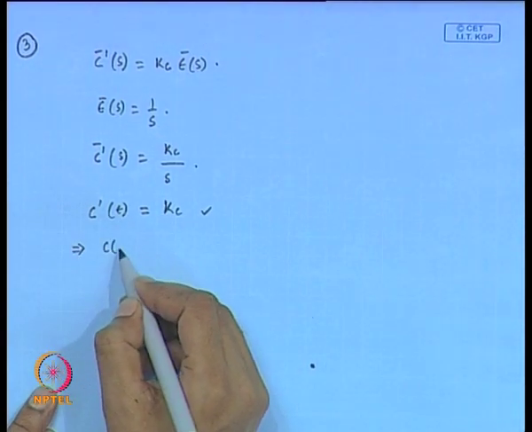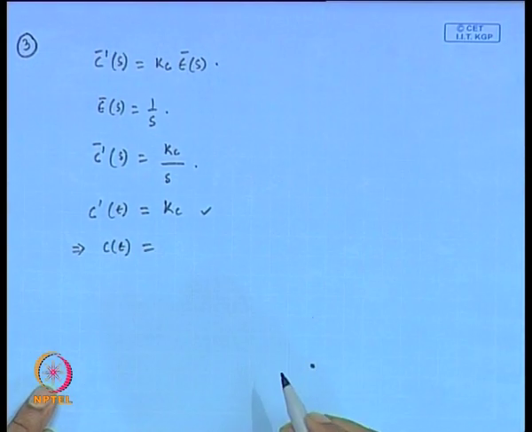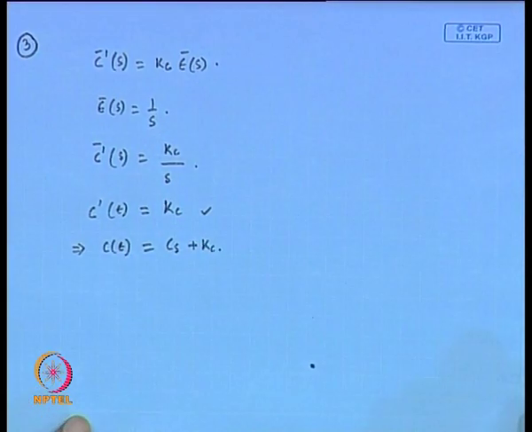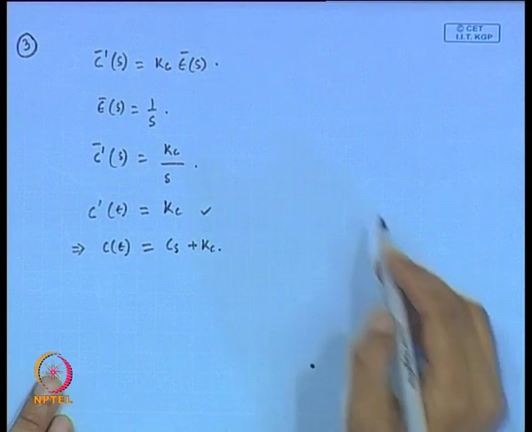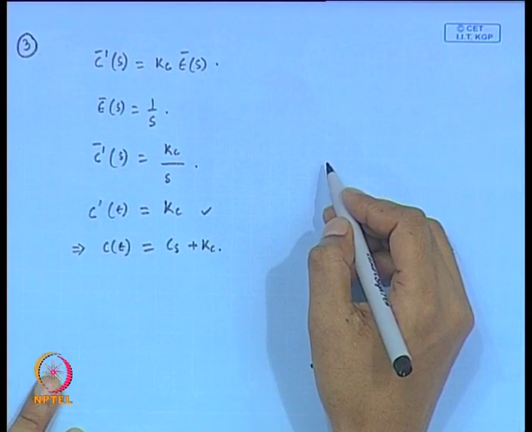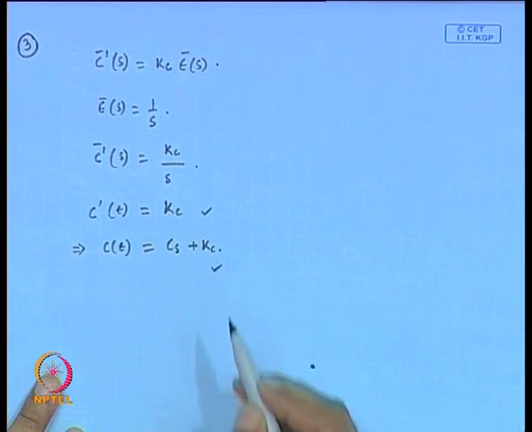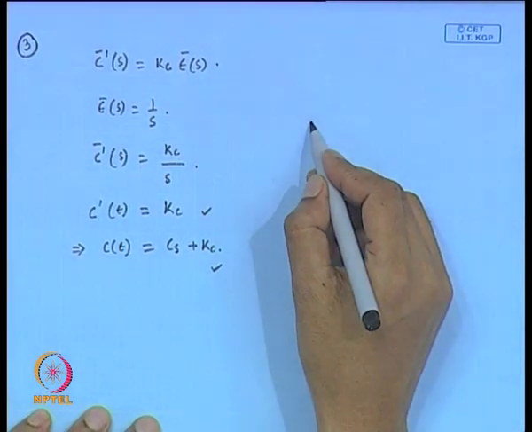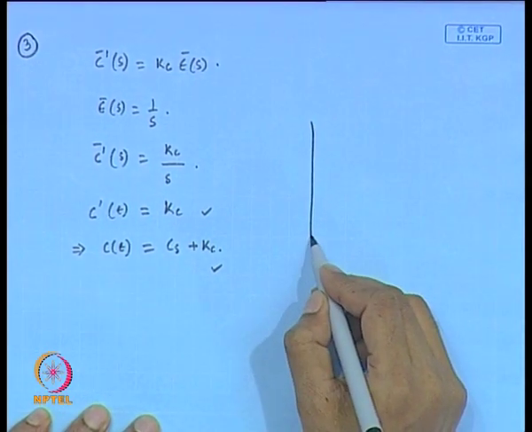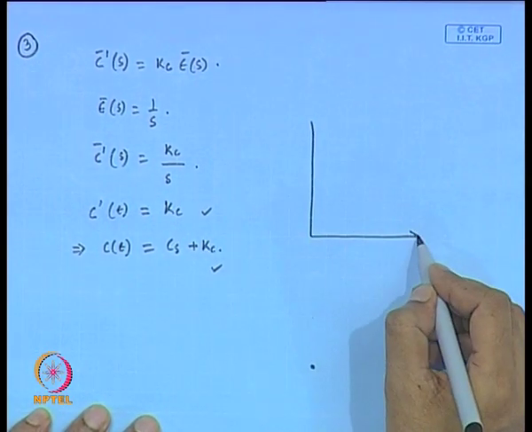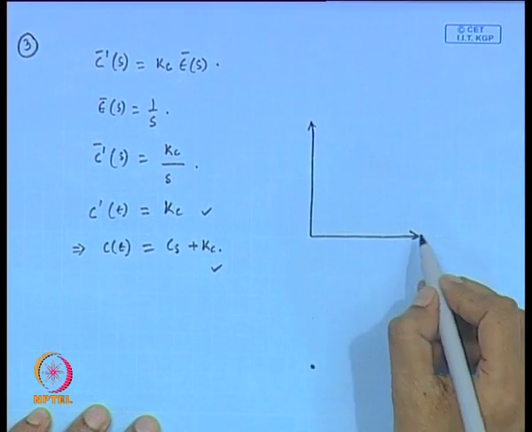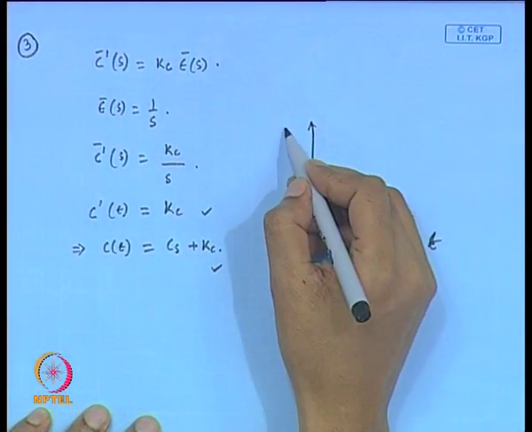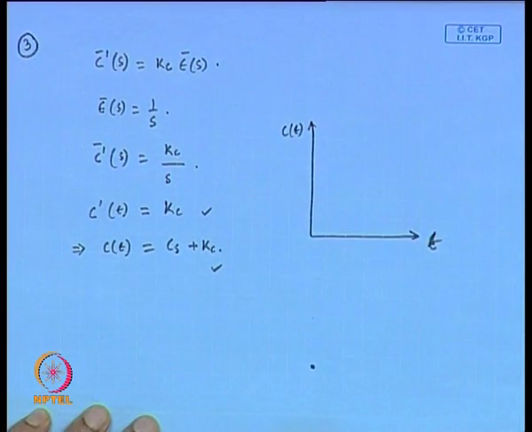That means C(t) is equal to Cs plus Kc. Finally, we get C(t) equals Cs plus Kc. Now, we will produce the plot to represent this concept. This is time t and this is C(t).